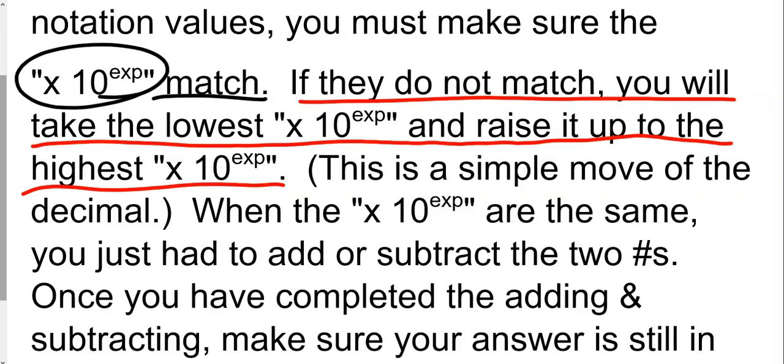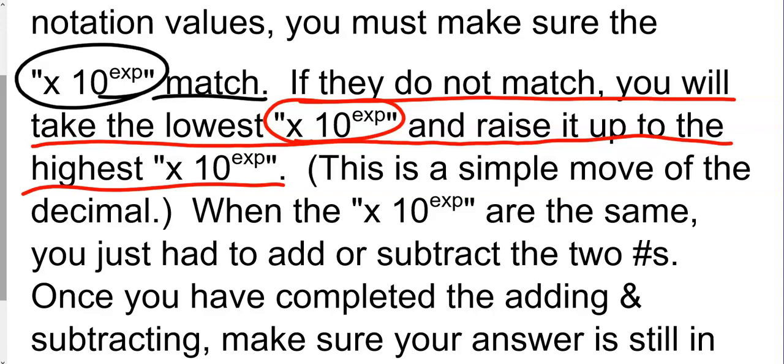And every time we move to the left, we add on to that exponent, because moving to the left means that we're making a bigger number. Again, move the decimal to the left, and that will add onto your exponent.